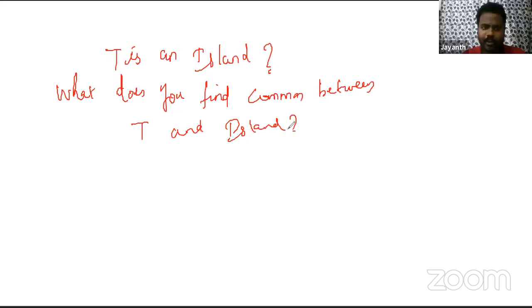Why? Or else I can reframe the question: what do you find common between the alphabet T and an island? T is an island. Why? Or what do you find common between an island and T? T means the alphabet T, not the drink tea.